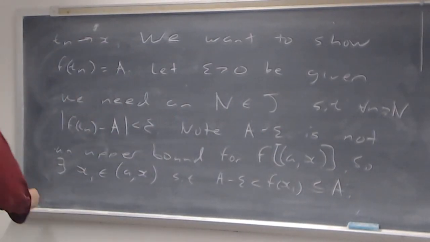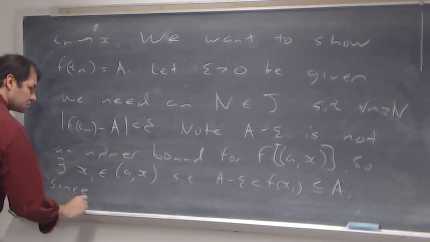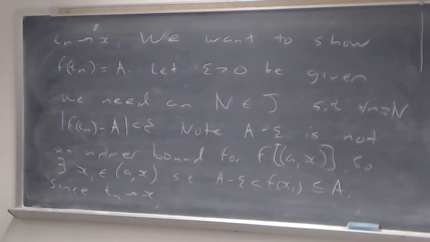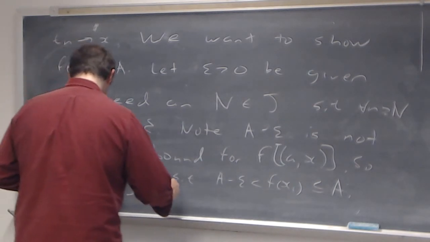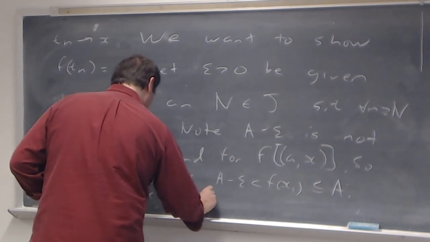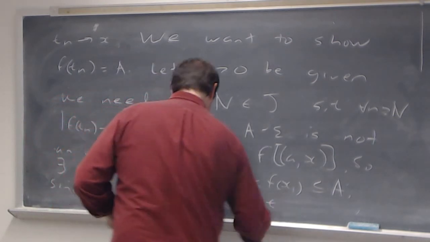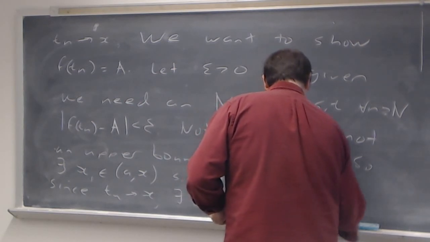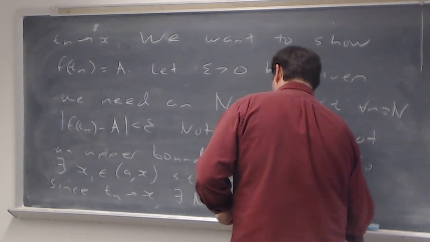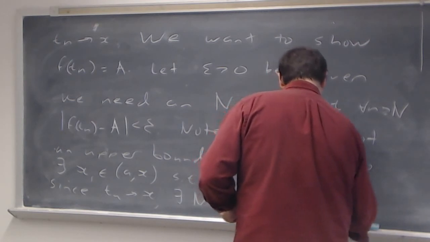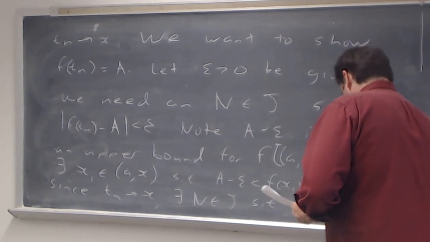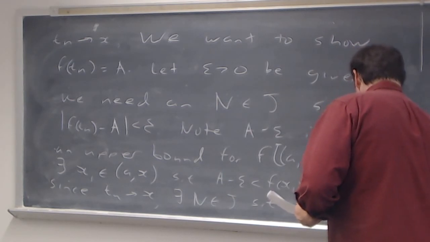Now, since t sub n converges to x, that means there exists an N element of the natural numbers such that the distance between t sub n and x will be less than x minus x sub 1.